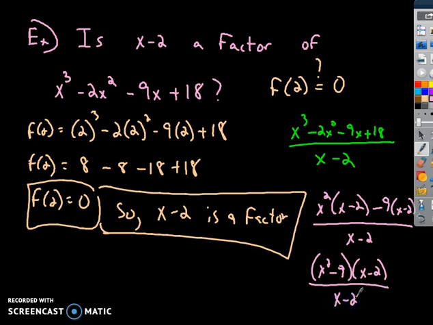And you notice that both of these x subtract 2's are going to cancel. So x subtract 2 is a factor because it's x subtract 2 times x squared subtract 9. So that together will give you back what we began with. So yeah, it is a factor. If I divide it by, they do cancel out, giving you x squared subtract 9. So it does divide into it evenly. So that's just another way to think about it.